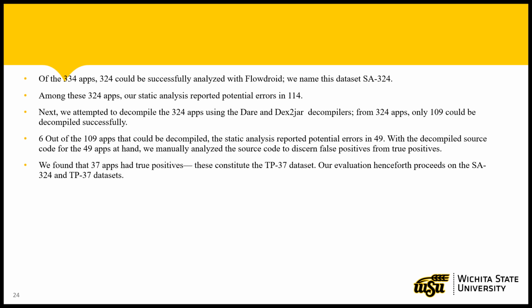With the decompiled source code for the 49 apps at hand, we manually analyzed the source code to discern false positives from true positives. We found that 37 apps had true positives. These constitute the TP37 dataset. Our evaluation henceforth proceeds on the SA324 and TP37 datasets.